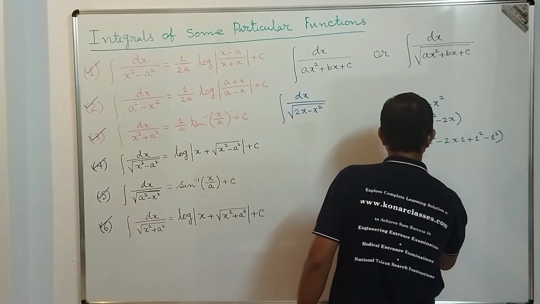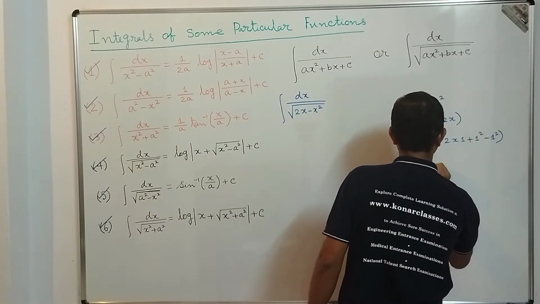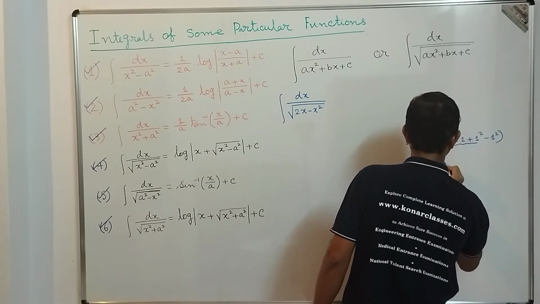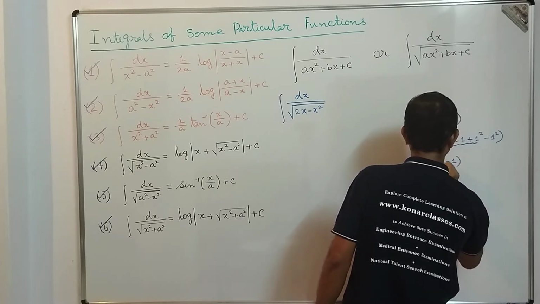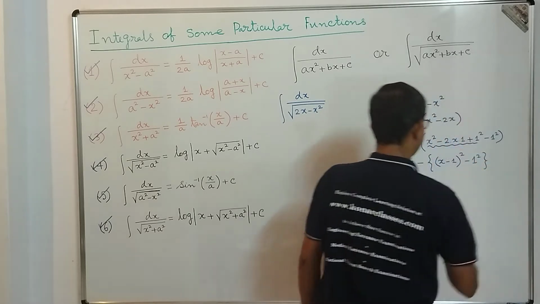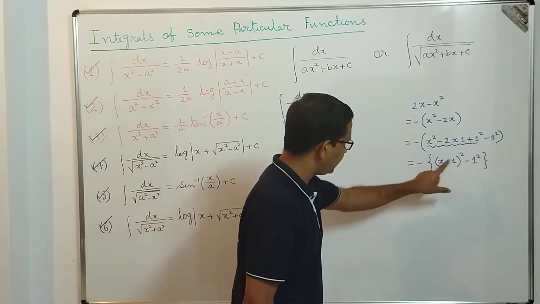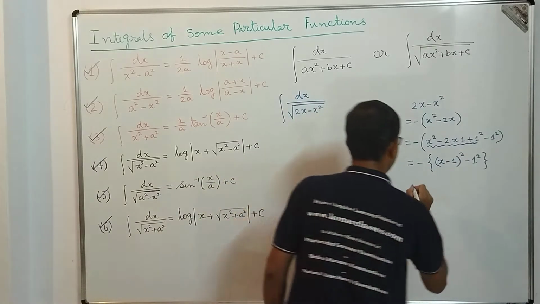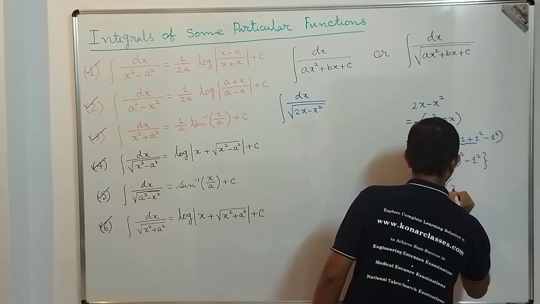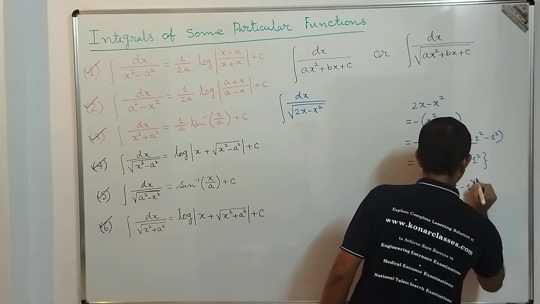So here we get minus of x minus 1 whole square minus 1 square. Correct or not? Now let's multiply this minus, then it will be 1 square minus x minus 1 whole square. Correct?